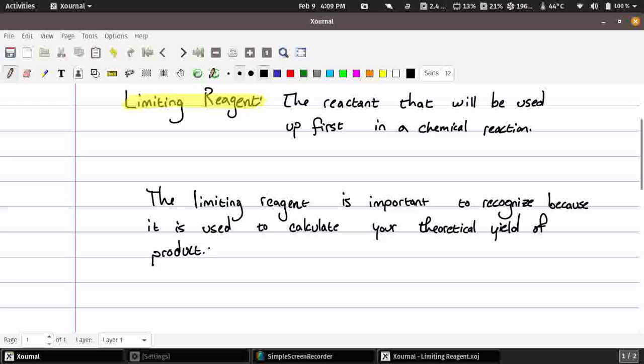You need to know your theoretical yield because you can also find out how efficient your reaction is.